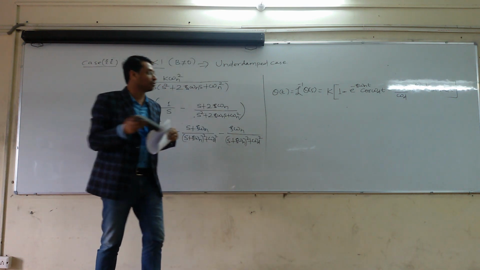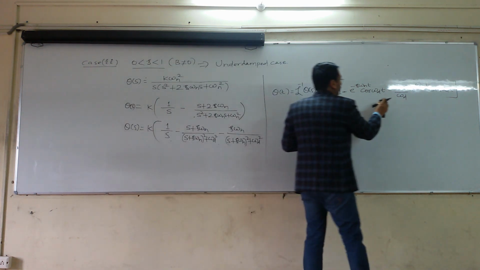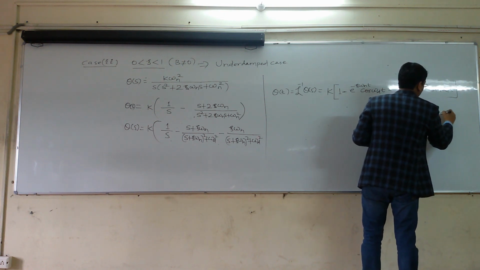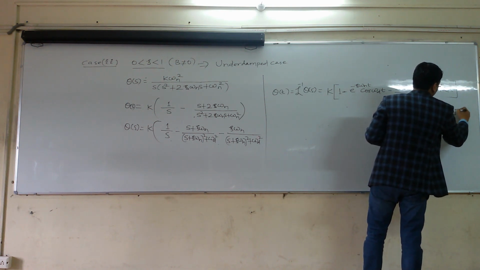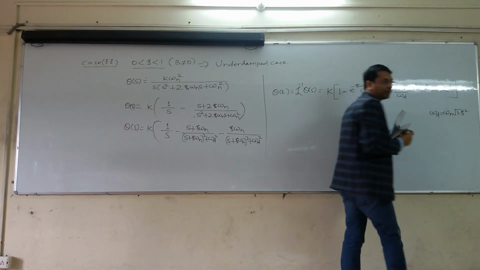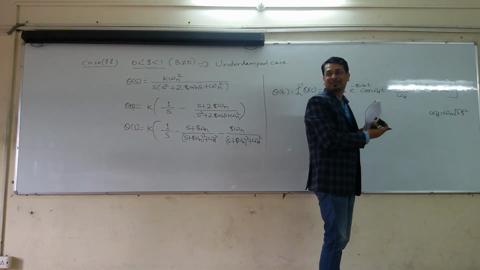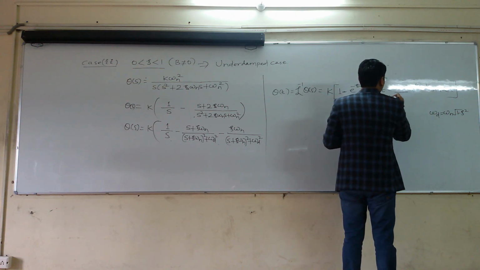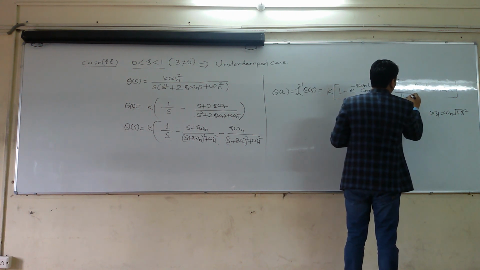You have to write a fresh equation. This omega d is equal to omega n root under 1 minus zeta square. You need to remember this term. All these terms you need to remember, not only for semester examination but for all competition examinations.